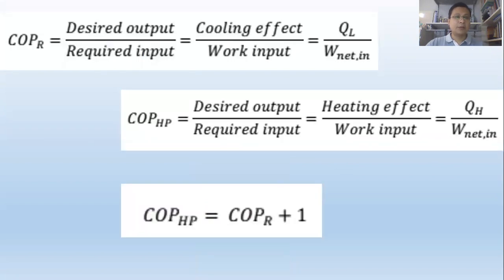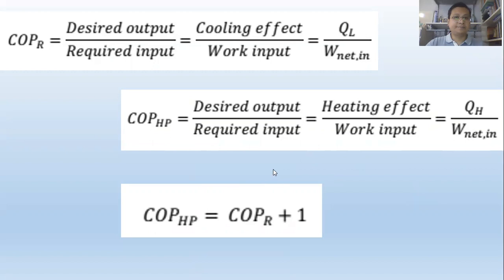So from the basics of refrigeration, we can get the COP of the refrigerant itself. At the same time, we also have the heat pump inside. One component, as we know, is a compressor. We calculate the performance by QH over net work.